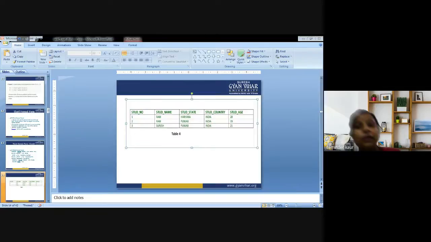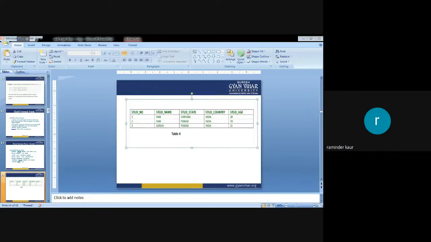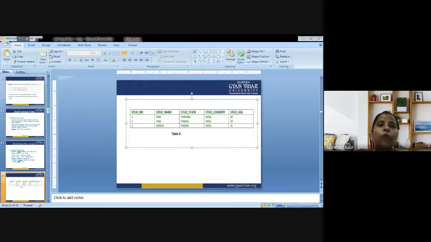Now I am going to give you an example. Look at the table given in the picture, that is relation student given in table number 4. Now you can obtain a functional dependency set. How? You can have a look at all the attributes given there. Student number is deriving student name, student number is deriving student state, and further student state is deriving student country, and again student number is deriving student age.